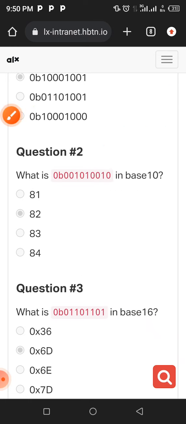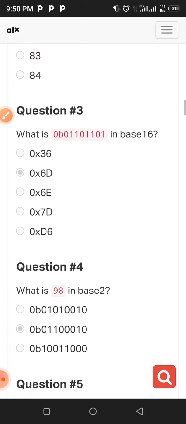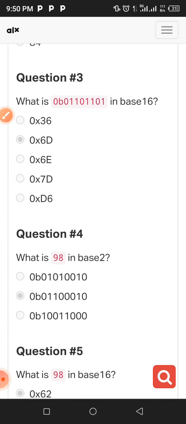Then for question 3, what is 0b11010110 in base 16, which we're going to be treating right away. Starting with that, the first thing we're going to be doing is the same.